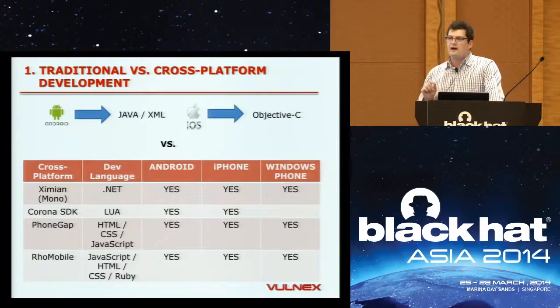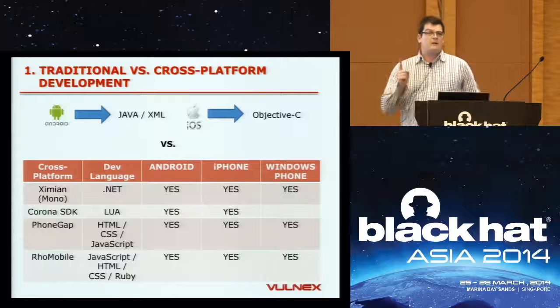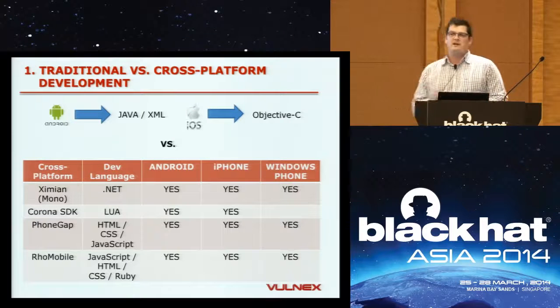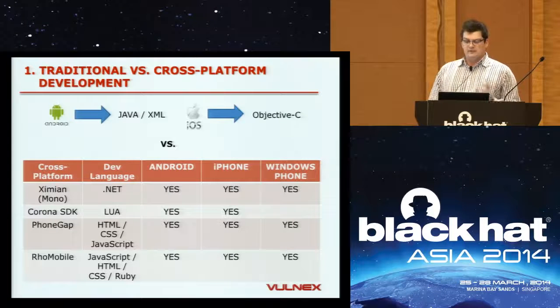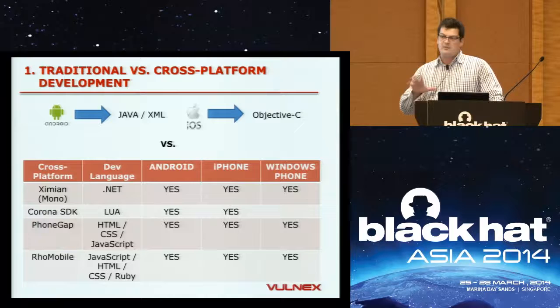So now we can write a .NET application that works on Android, iPhone, Windows Phone and other platforms as well. That's pretty neat. That's the theory. Actually, in reality, it doesn't work that well, but pretty much you can do this thing. Just one application will work in all the platforms.